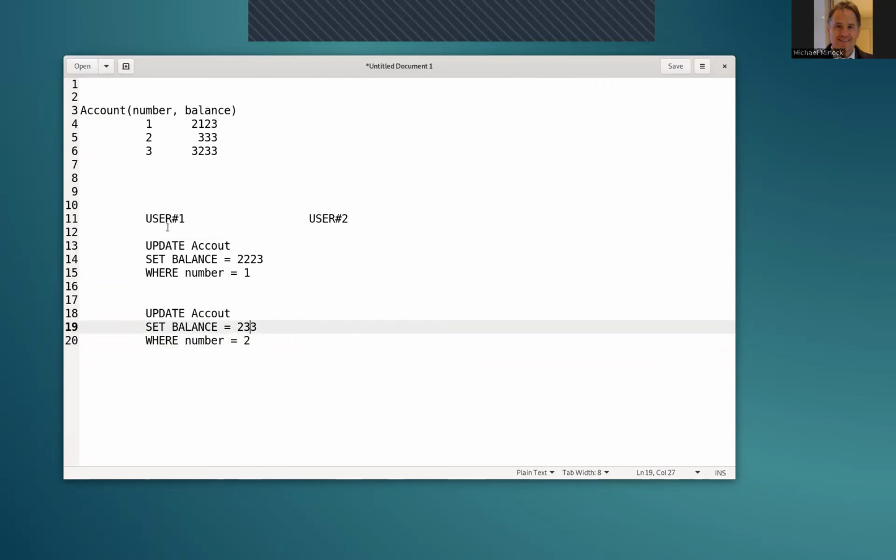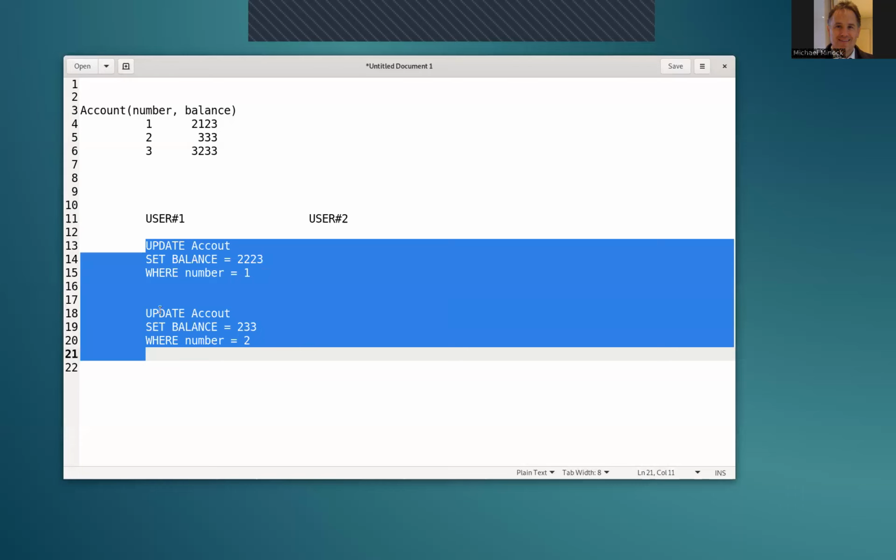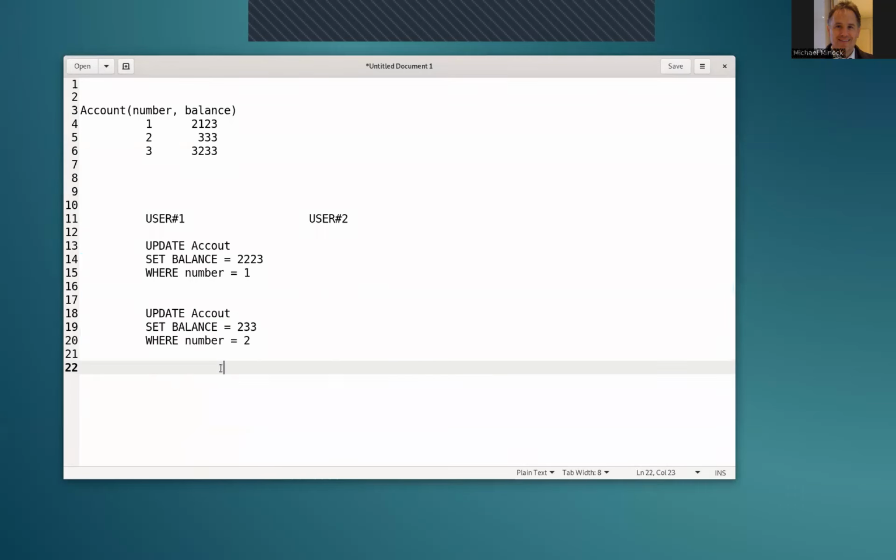So what user 1 has done here, or tried to do here, is take $100 from account number 2, right? Because it's going down by $100, and they're putting that into account number 1. See how that's going up by $200, right? And then at the same time, we have user number 2, who's going to say update. Okay, user number 2 is going to say the following.